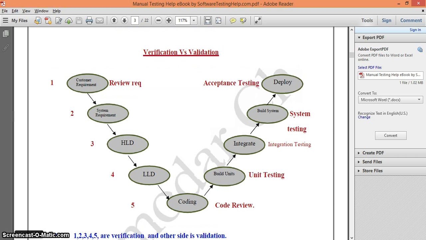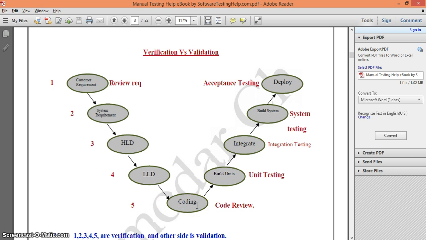It is a V model which is very commonly used in the software industry, and it is verification and validation, right? So the left side, that is steps 1 2 3 4 5 on the left side of this, are all verification, the other side is all validation, right? So you have customer requirements, that is review requirements, and then you have system requirements, high level design, low level design, that is step 4.